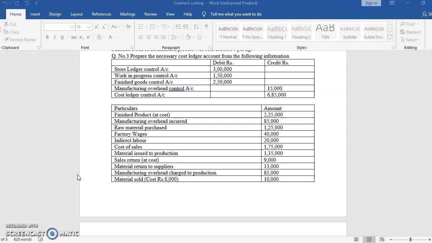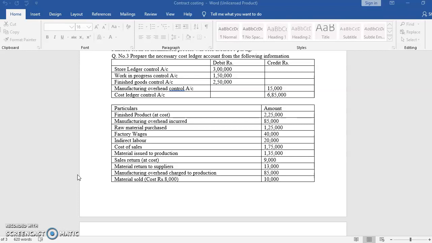So instead of raw material account, here we prepare store ledger control account. Record on the cost control account credit side by store ledger control account 1,25,000, and on the debit side of store ledger control account, to cost control account 1,25,000.